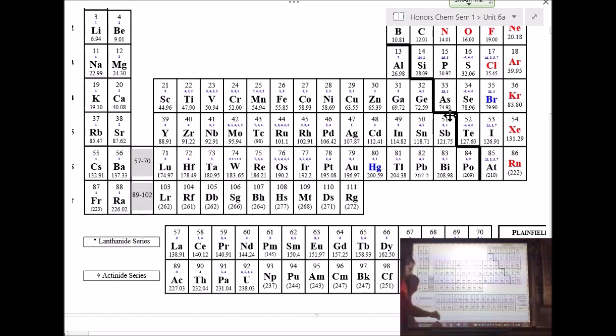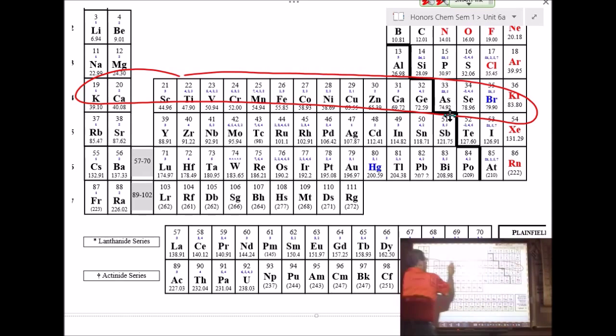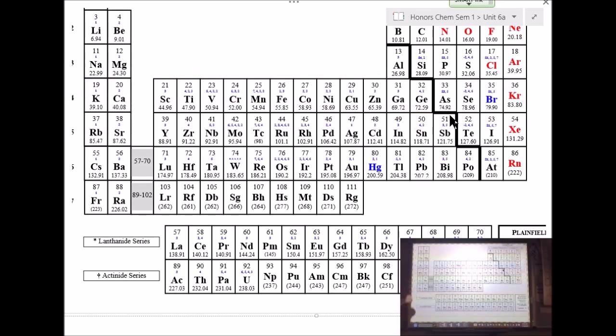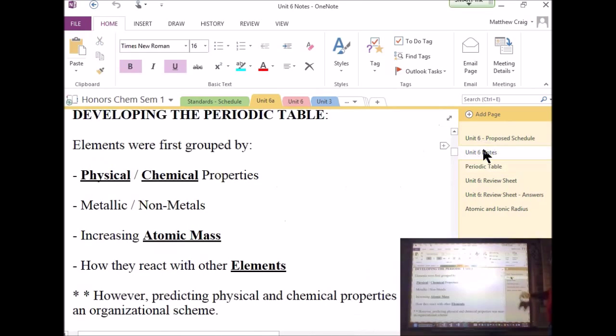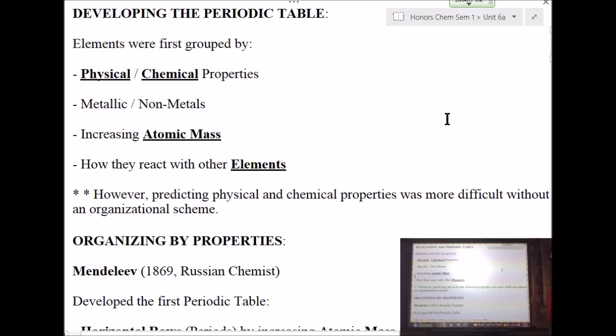However, if we look at the rows or the periods, there's not much similar about those. When we look at periods, really the only thing that we care about is the energy level for the s and p orbitals. So there's not a whole lot that we discuss with the rows, unfortunately.